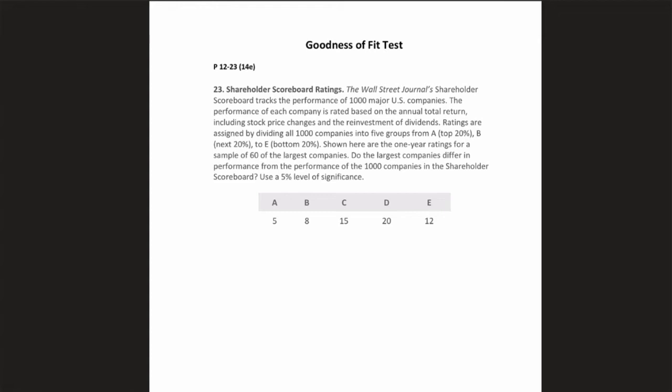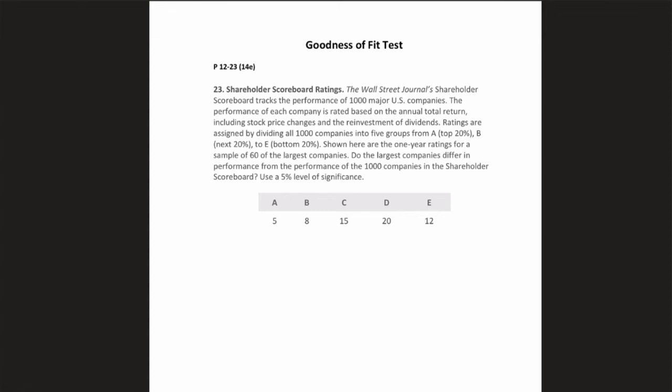Ratings are assigned by dividing all 1,000 companies into 5 groups from A to E. Shown here are the one-year ratings for a sample of 60 of the largest companies. Do the largest companies differ in their performance from the performance of the 1,000 companies in the shareholder scoreboard?